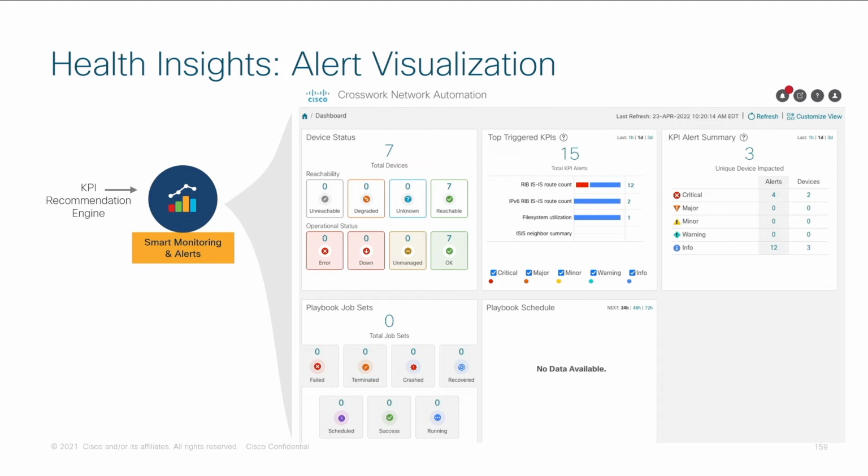This is a very minimalistic view, and by looking at the KPI dashboards at the very top here, triggered KPIs and the KPI alert summary, this is indicative that we have Crossworks Health Insights installed in this environment, and we also have change automation with the playbooks, the sets and the schedules. It will give you an overview of your devices in the network, what reachability state they are in, and what their operational status is. Obviously, it uses visual effects to make this more appealing and easy for you to follow.